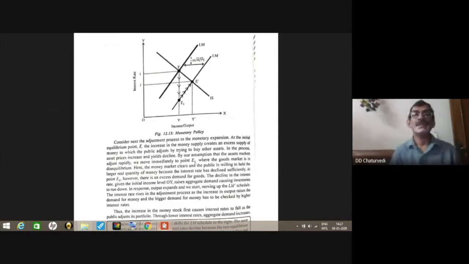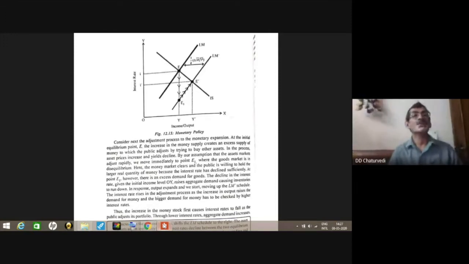Now in this diagram, the initial equilibrium point is E. Due to increase in the real money supply, there will be disequilibrium in the money market, and we will move from point E to E1. At point E1, there will be excess supply of money.